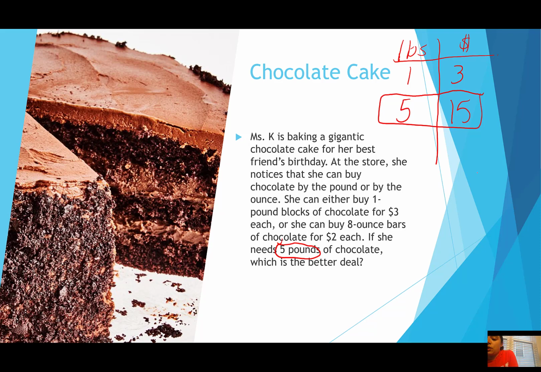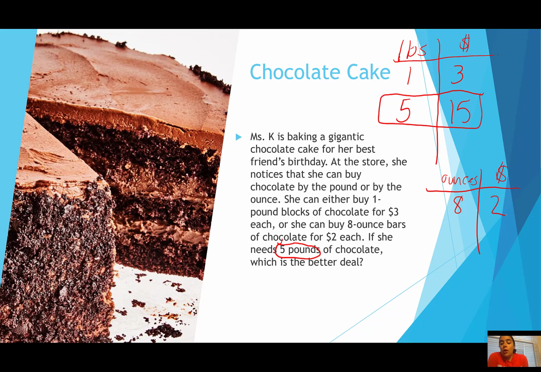Because if I make another chart like this, I know I have ounces and I have money. 1 8-ounce bar is $2 each.